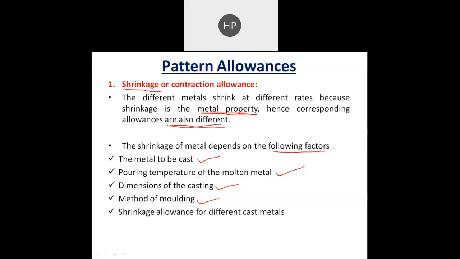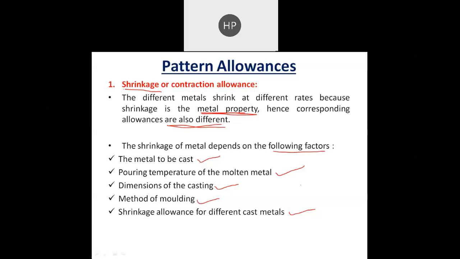So based on which molding method we use, the shrinkage allowance will vary. And then finally, the shrinkage allowance for different cast metals. These are some of the factors on which the shrinkage of the metal depends.